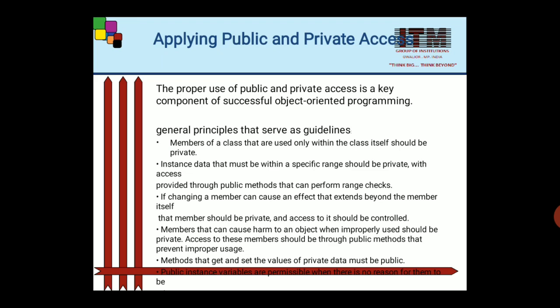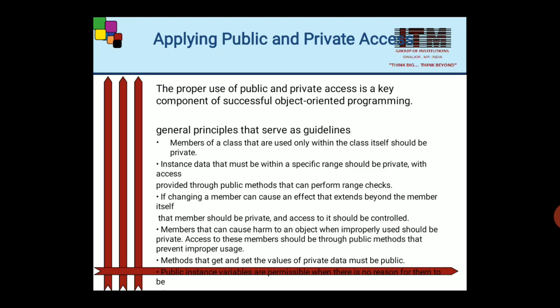If changing a member can cause an effect that extends beyond the member itself, that member should be private and access to it should be controlled. And a member that can cause harm to an object when improperly used should be private, and access to these members should be through public methods that prevent improper use.